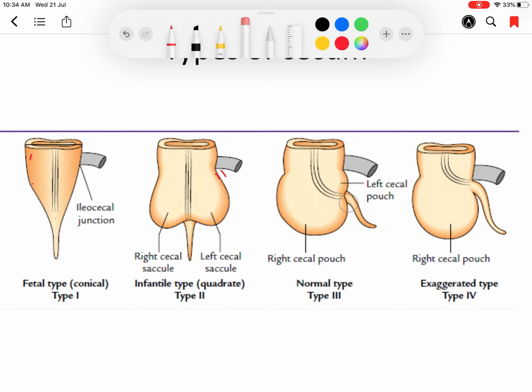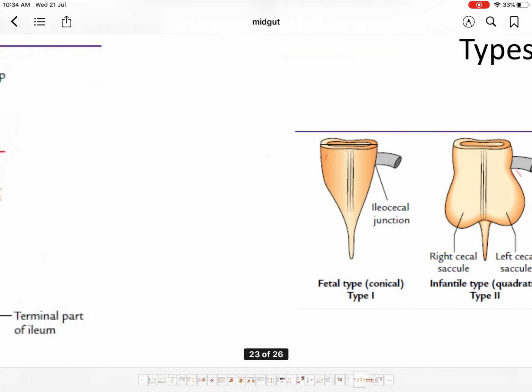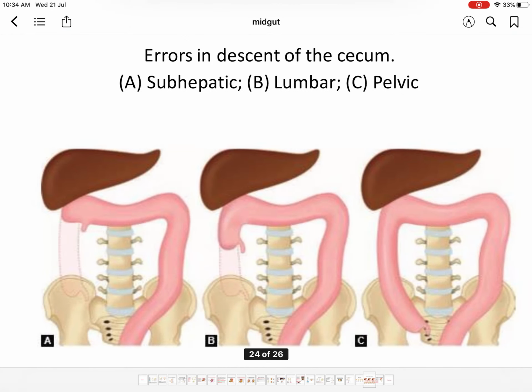This appendix grows in length, and after birth right and left cecal pouches are formed, but the right cecal pouch grows excessively, which shifts the appendix to the posteromedial position. So the appendix finally comes on the posteromedial aspect of the cecum, and it becomes retrocecal in position.